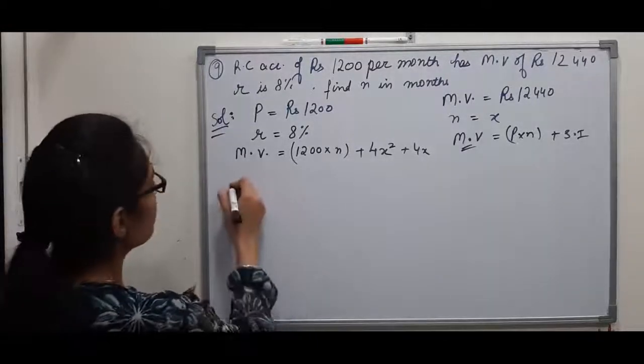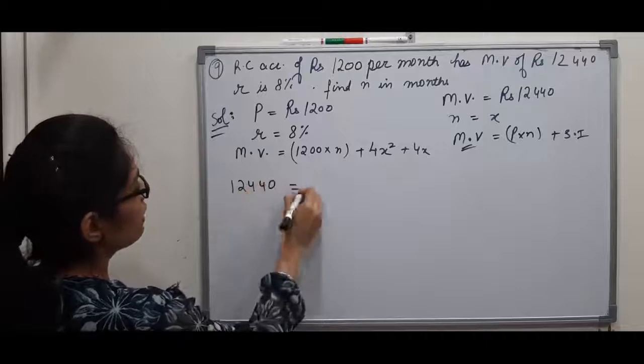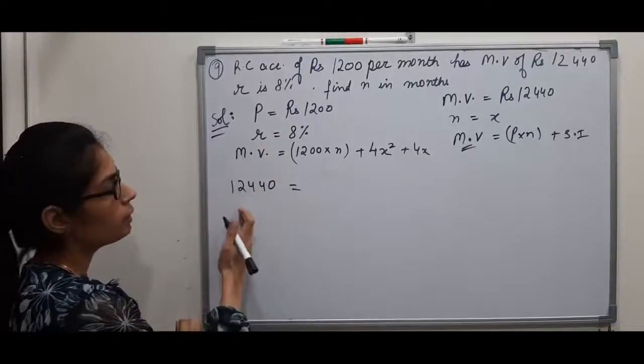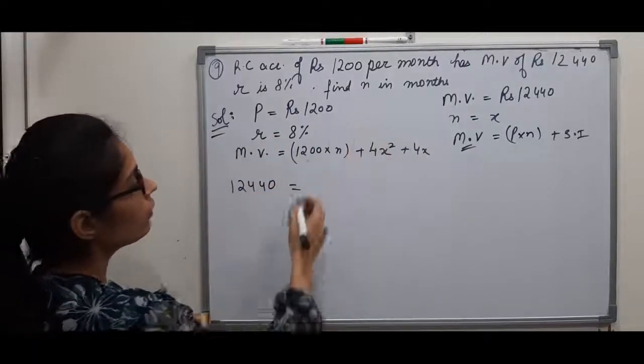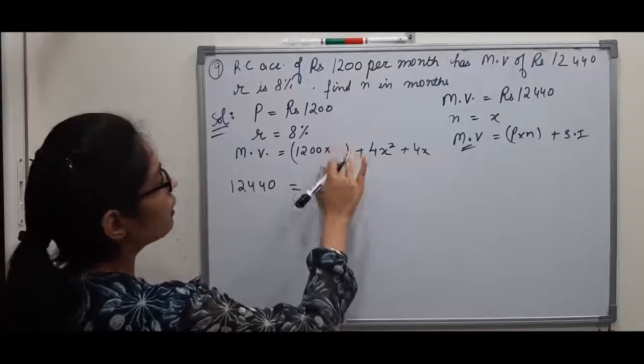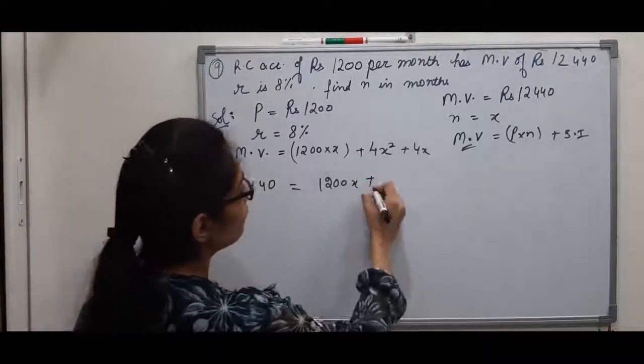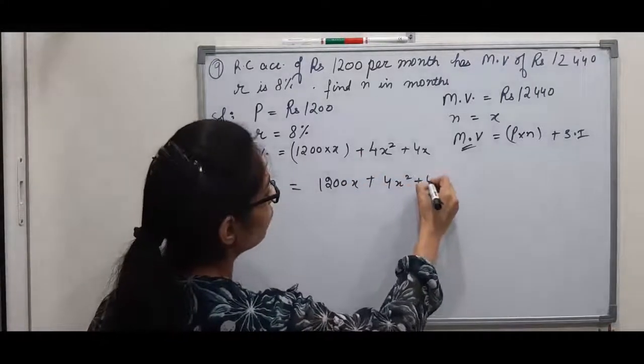Let's solve it. 12,440, I have just written the value of maturity, which is already given. This I will write as 1200x plus 4x square plus 4x.